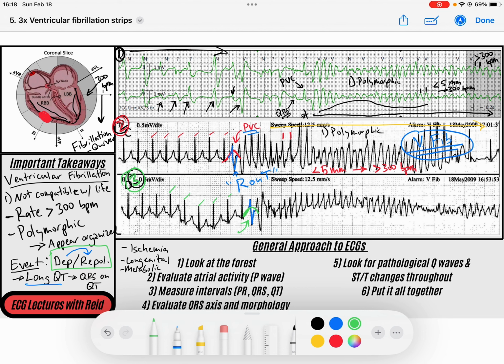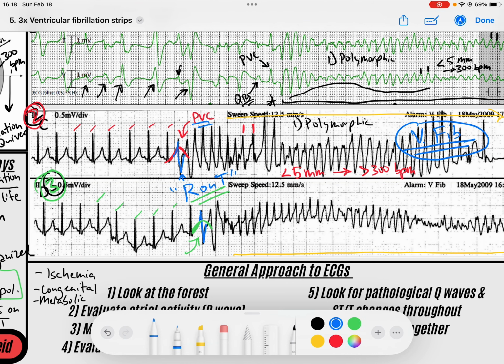So we have another R on T type phenomenon, and it kicks off another rhythm. The complexes themselves are wide, but you can see the rate is well above 300 beats per minute. It's also polymorphic. And so this is ventricular fibrillation.